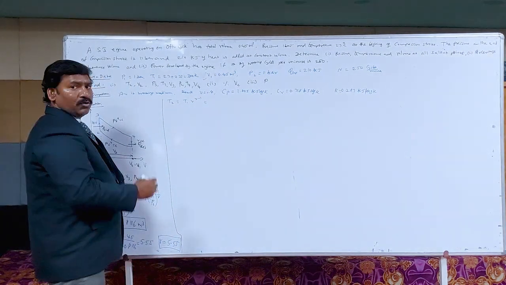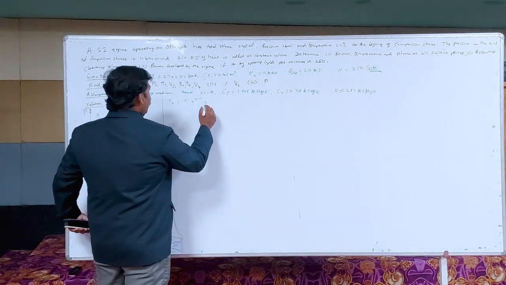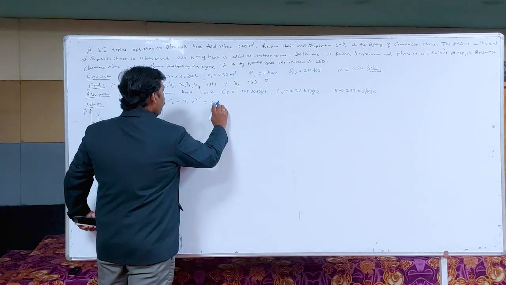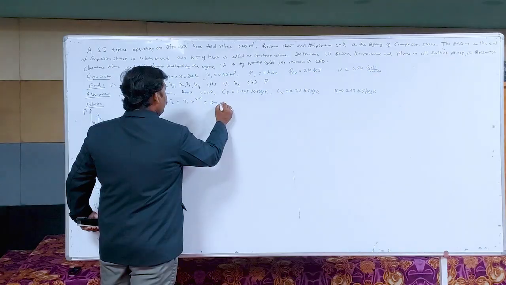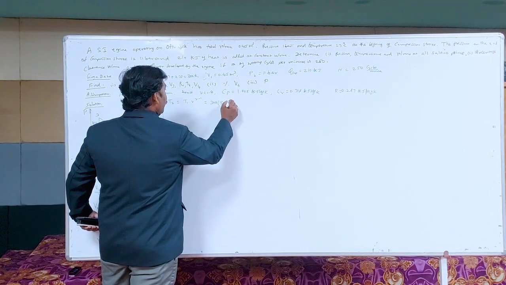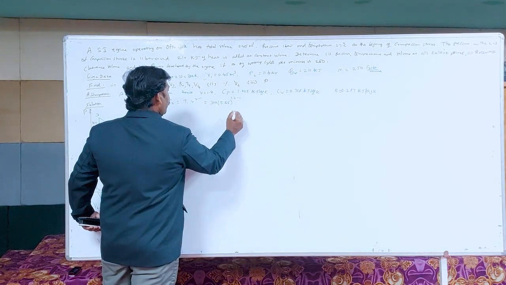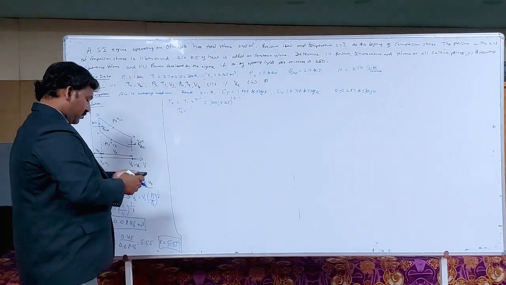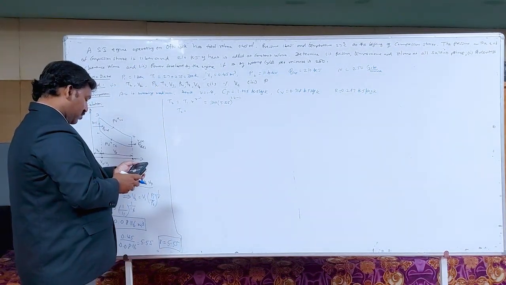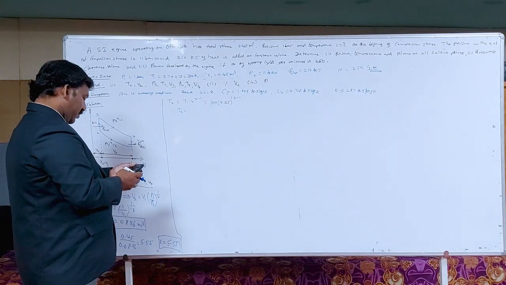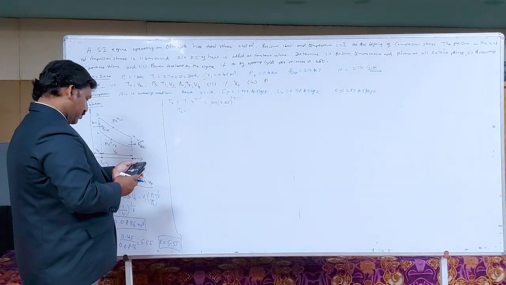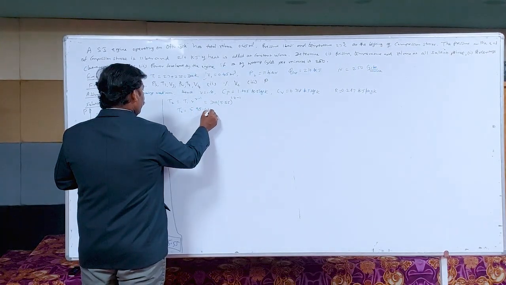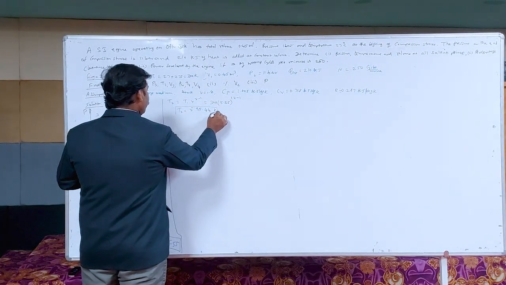T1 is the known value given in the problem, 27 degrees Celsius, which means 300 Kelvin, and R is 5.55, power gamma 1.4 minus 1. So I get T2 is equal to 300 into 5.55 power 0.4, which is 595.44 Kelvin. So this is T2.